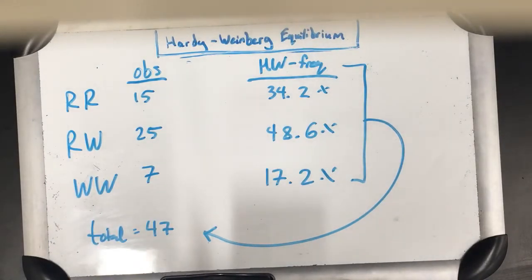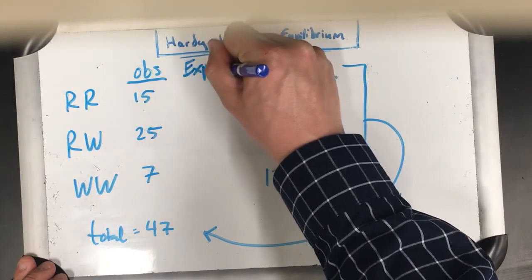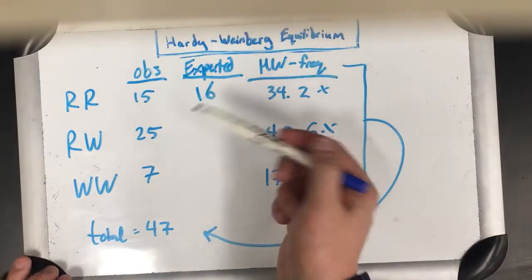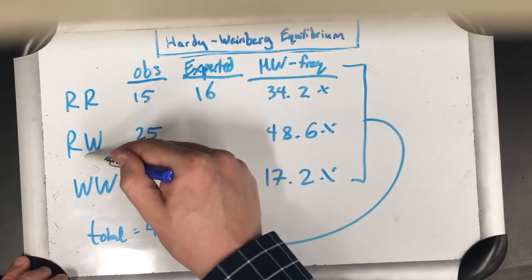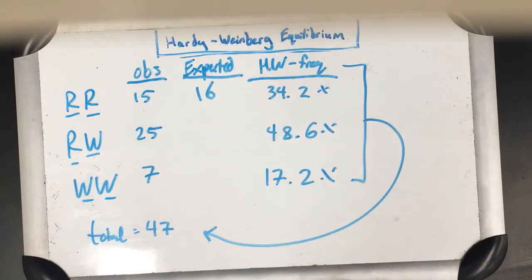So 47 times 0.342 equals, you'd expect 16 in this population given the allele frequencies, remember those. For this one, you would expect that 48.6% of this population would be here.